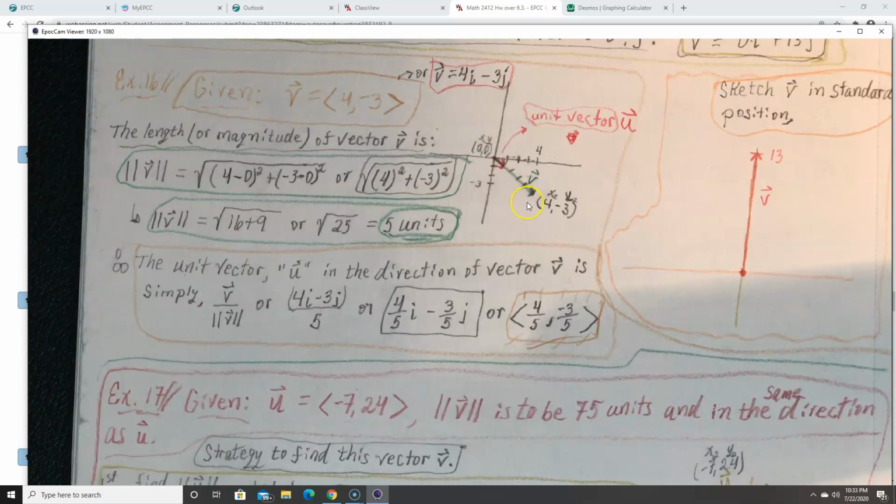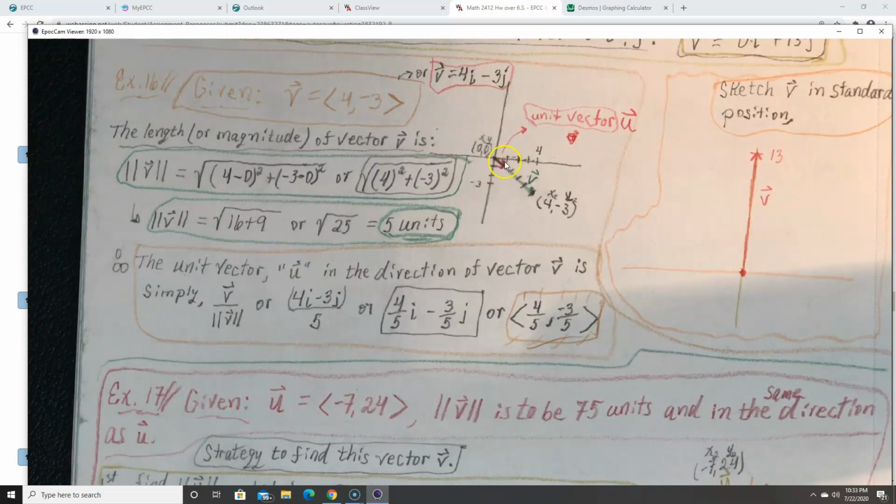So we borrow vector v, which is this 4i minus 3j, which is from here to here, which is 5 units long, and simply divide it by 5, divided by its length.